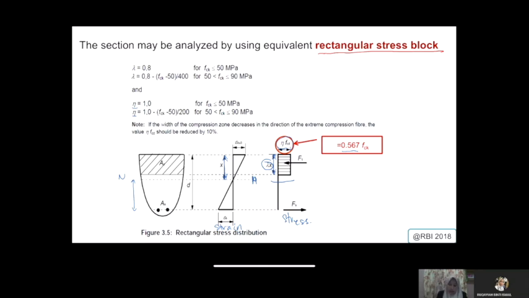In the compression zone, we identify the maximum strain for concrete as strain epsilon cu3, and for steel, which is in tension, it is equal to strain epsilon s.